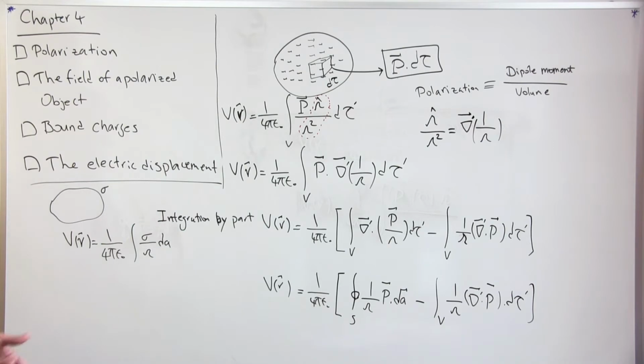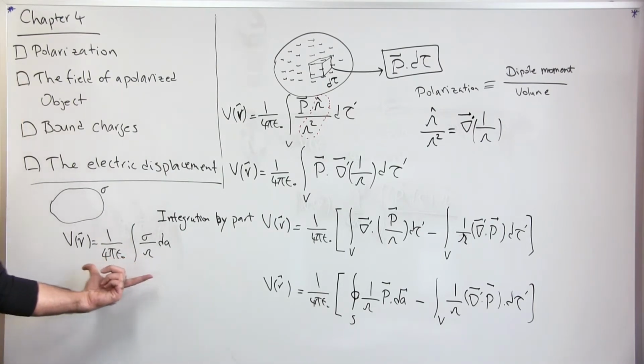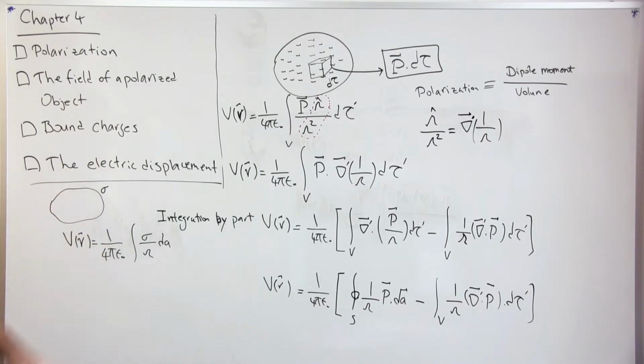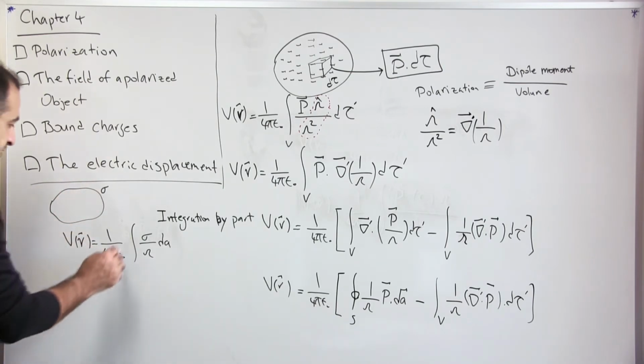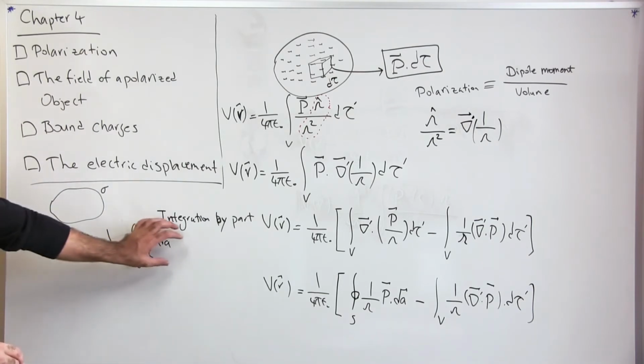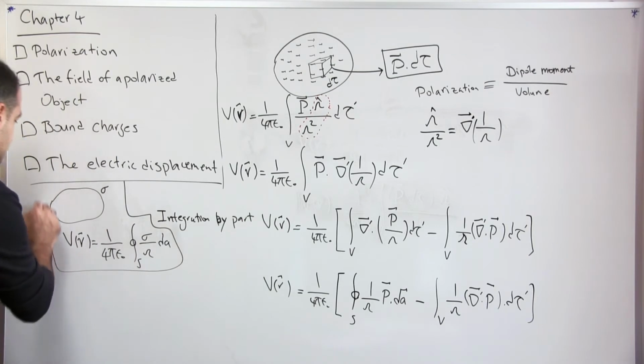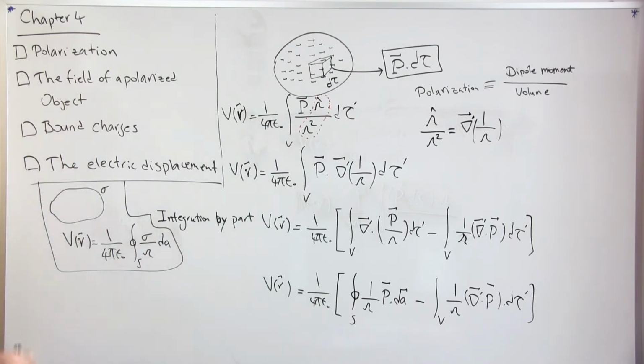So this is the potential created by a surface charge density. And if it's a closed surface, you can close it and it's going to be on the surface. This is what we had from the very basic potential topic that we talked about in chapter 2, I guess.